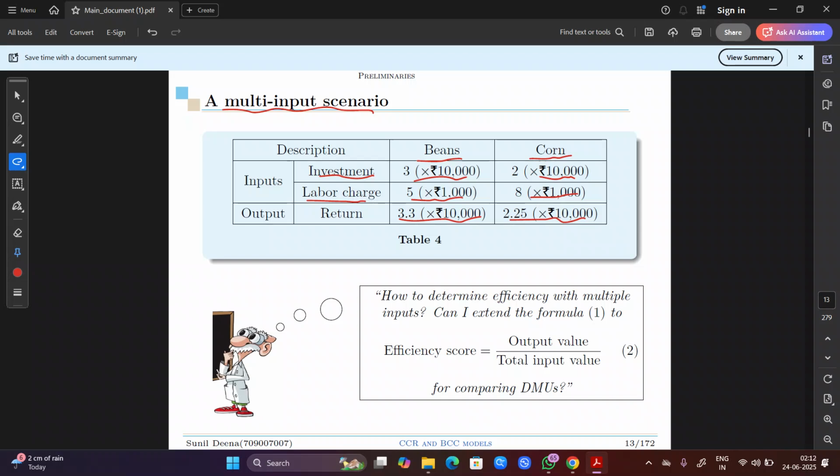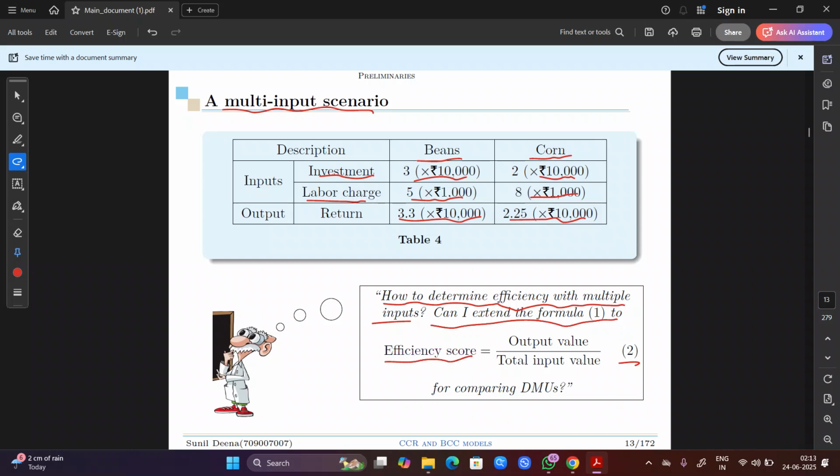Now we can apply the formula, equation 2, because earlier we have seen equation number 1. Now I have modified a little how to determine the efficiency with multiple inputs. Can I extend formula 1 to the efficiency score?